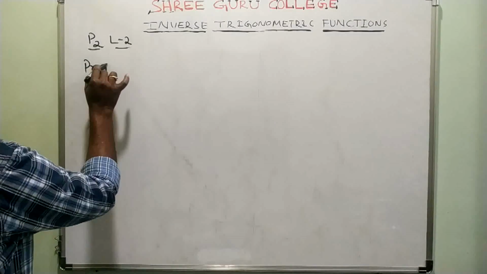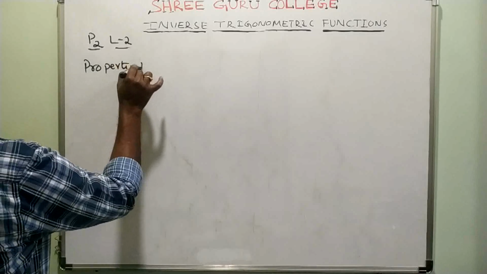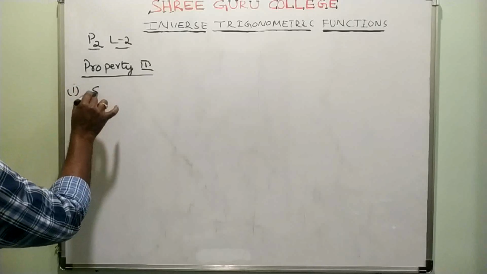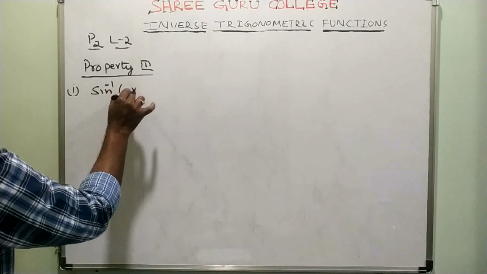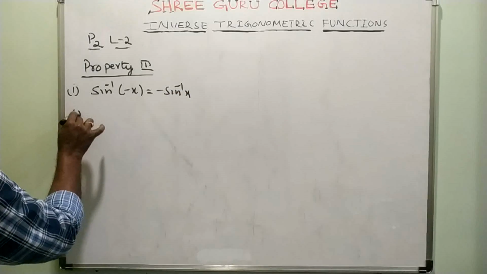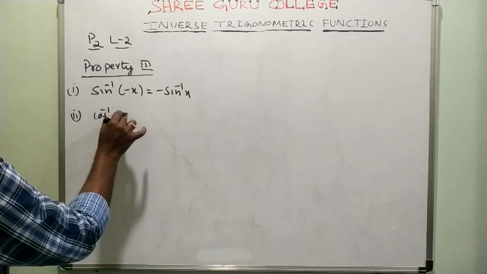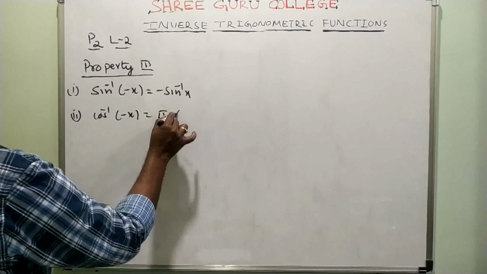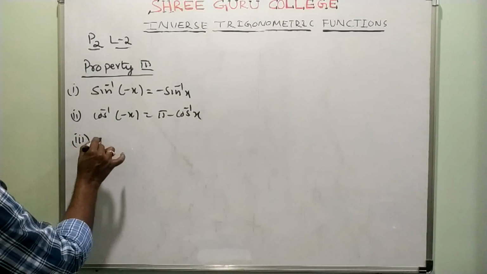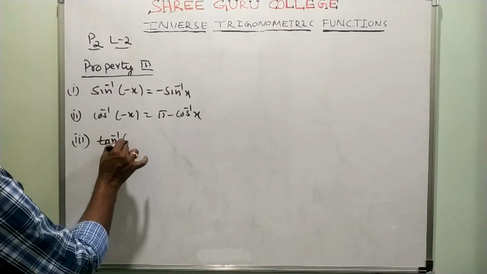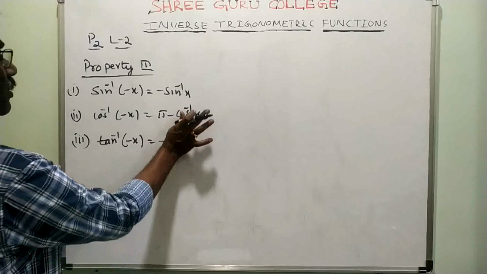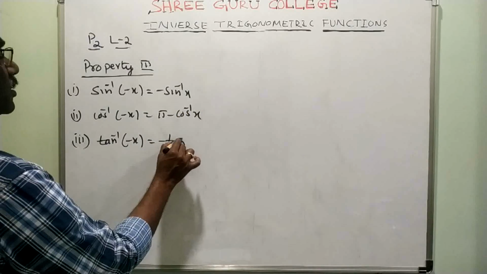Property 3. Number 1, sin inverse of minus x is equal to minus sin inverse of x. Cos inverse of minus x is pi minus cos inverse of x. Tan inverse of minus x is minus tan inverse of x.